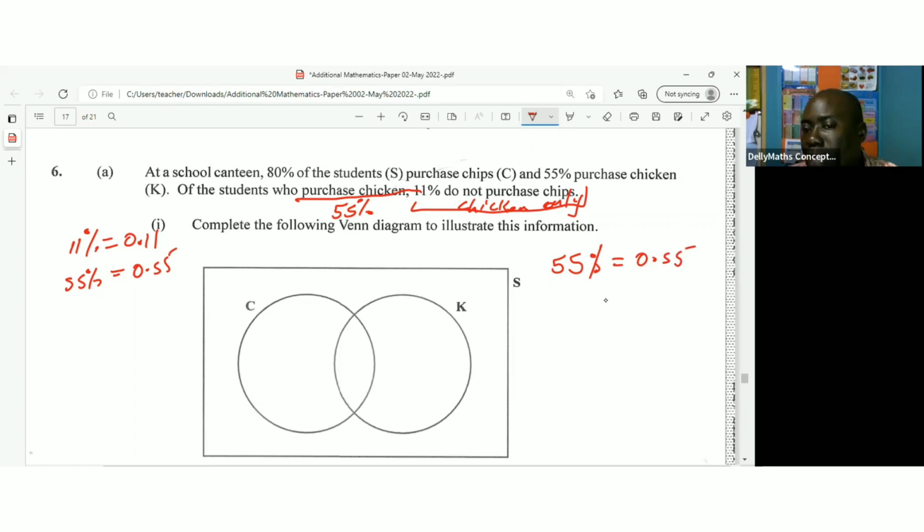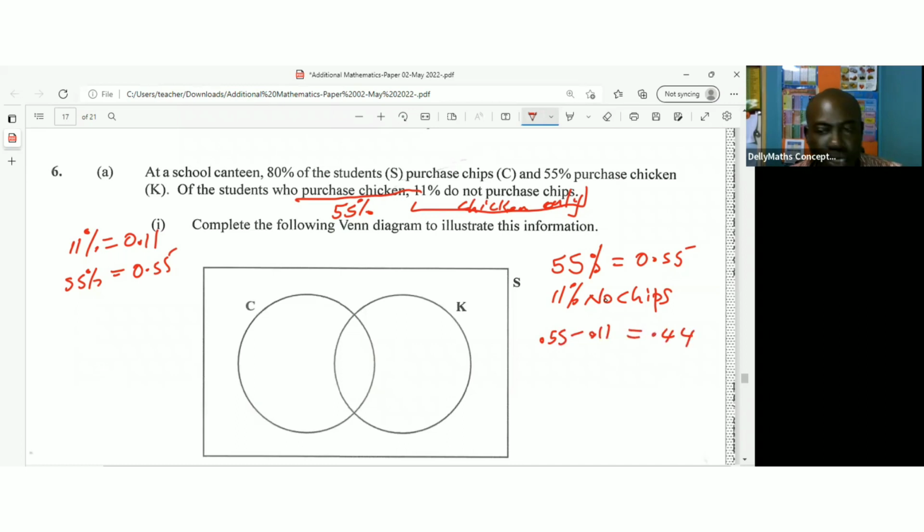Now, we were told that 11% do not purchase chips. So I'm going to put no chips for these, which means that they're not going to be a part of that intersection. So if they're not going to be a part of the intersection, then we're going to have to subtract. I would just say 0.55 minus 0.11, and I'll get 0.44.